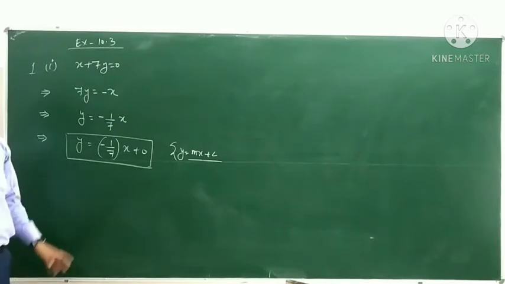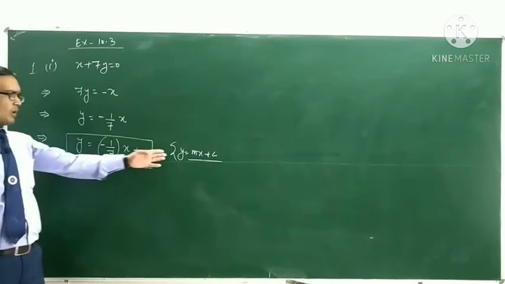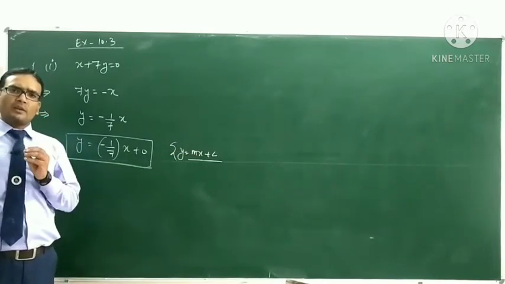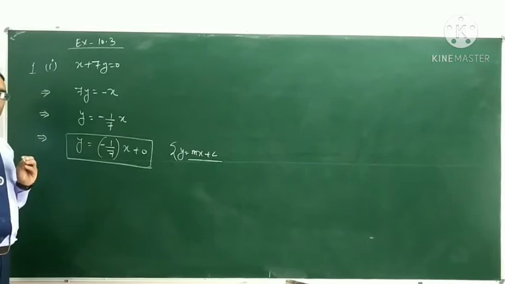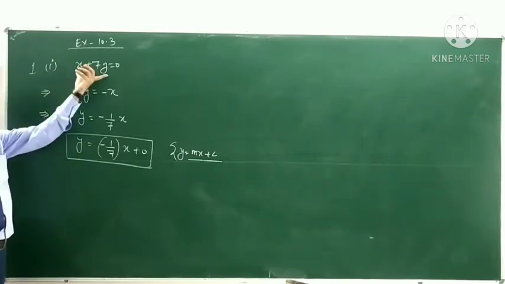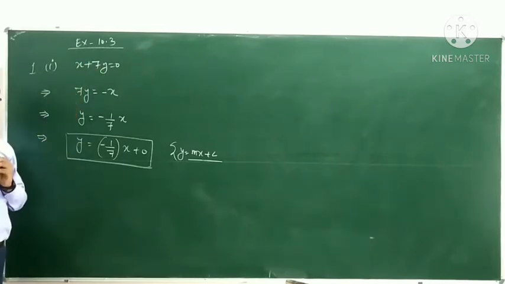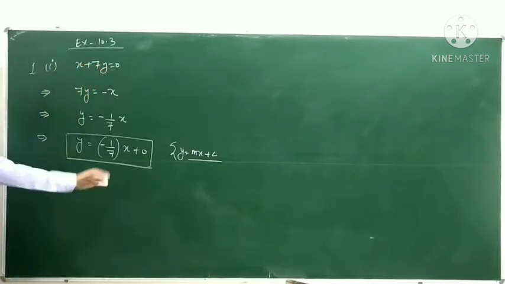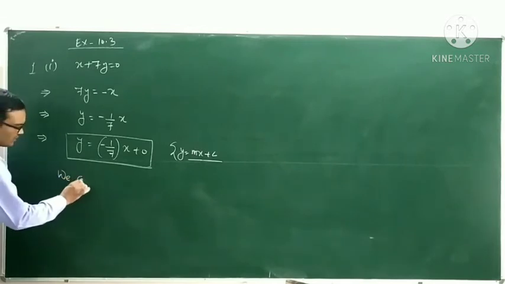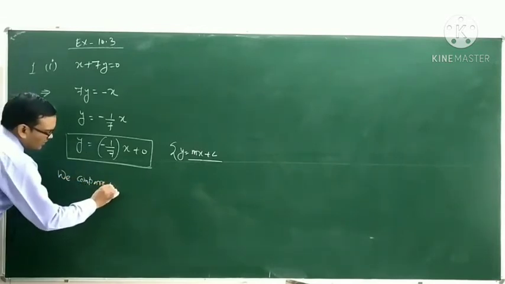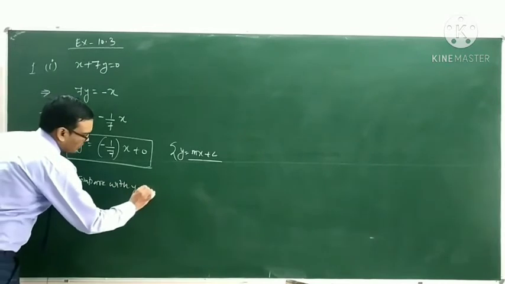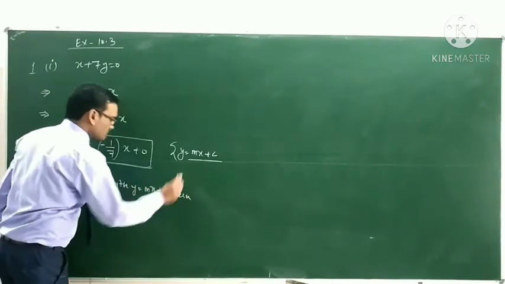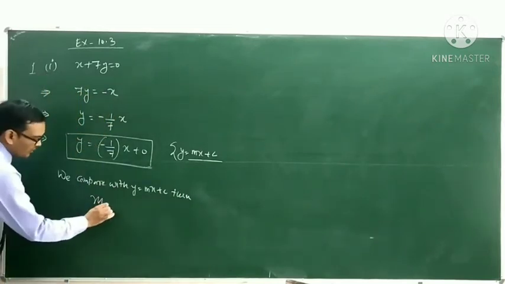Y equal to mx plus c is the slope intercept form of a line. Okay students, we compare with y equal to mx plus c and find the value of m and c, where m is the slope of the line and c is the y intercept of the line.